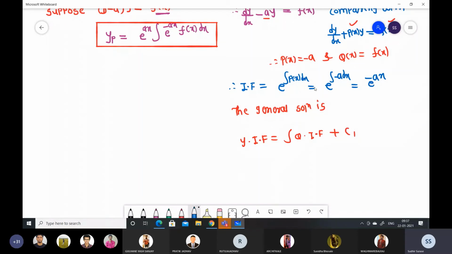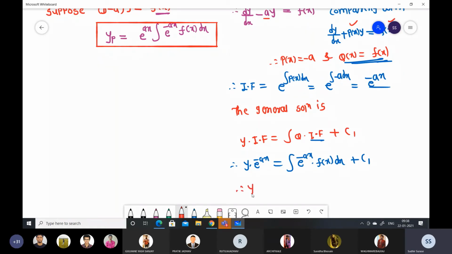Here the integrating factor is e to the power minus ax. So y times e to the power minus ax is equal to the integration of q, the right hand side f of x, times the integrating factor e to the power minus ax, dx plus c1. And now multiply both sides by e to the power positive ax.